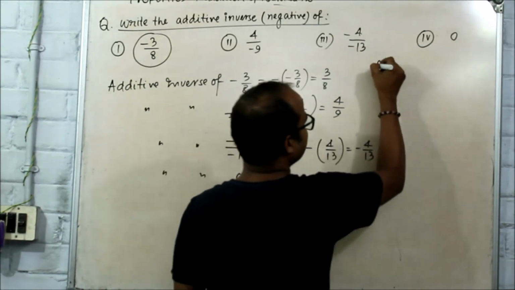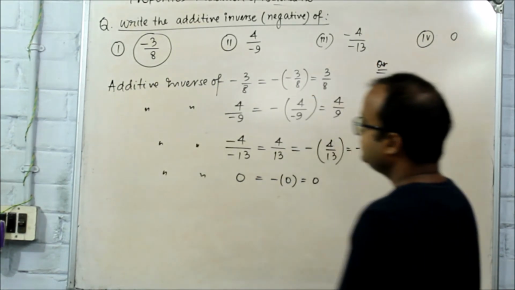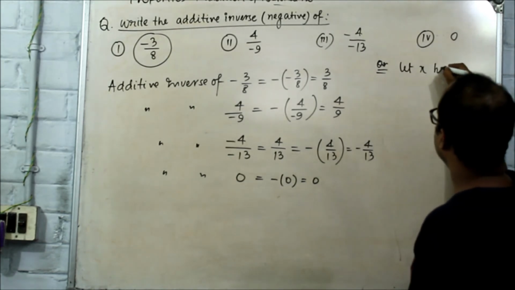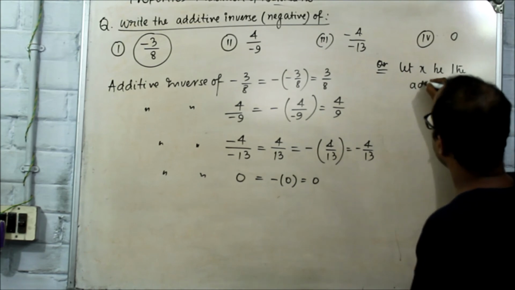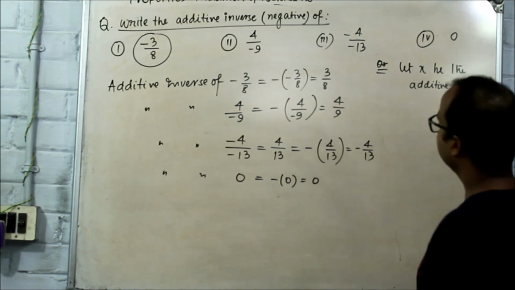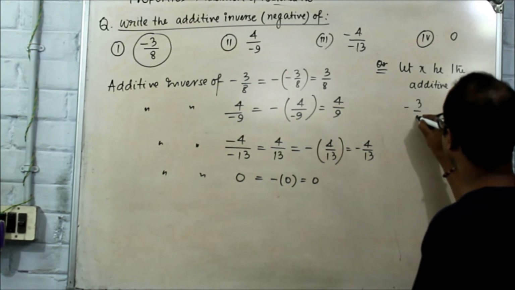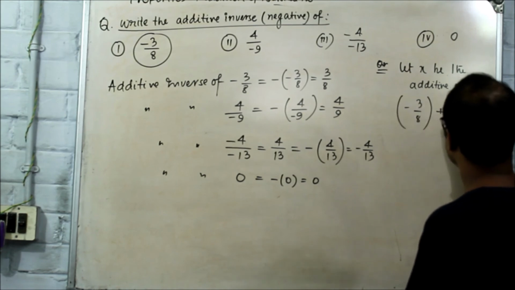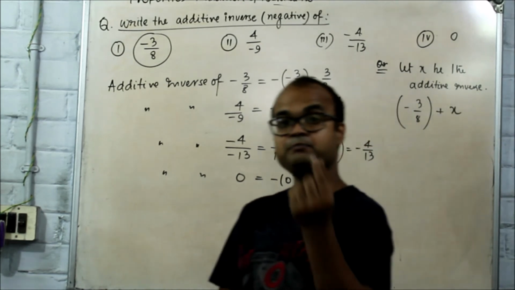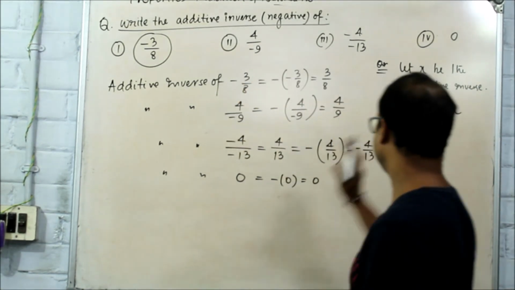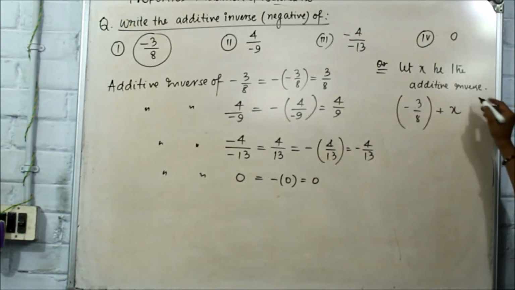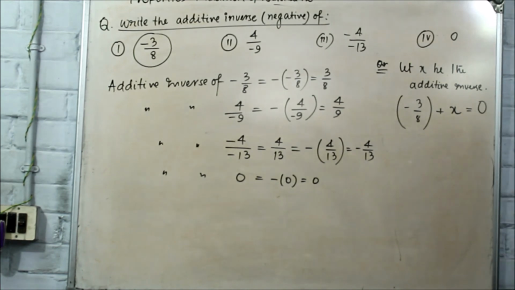Or I am solving one sum for you. Let x be the additive inverse. So you can say minus 3 by 8 plus x. Now if you remember, the result is a plus of minus a is equal to 0. That means once you add a rational number with its additive inverse, the result is additive identity.